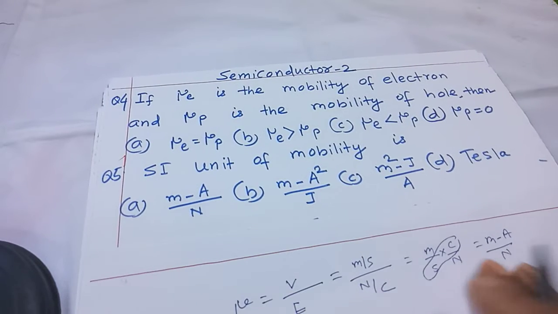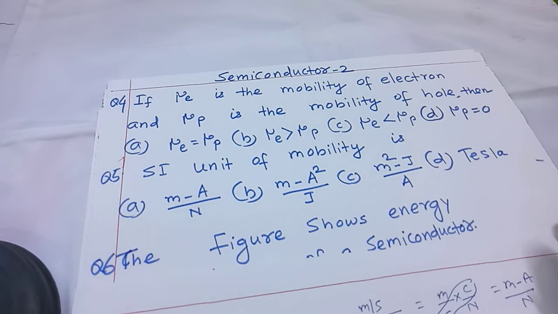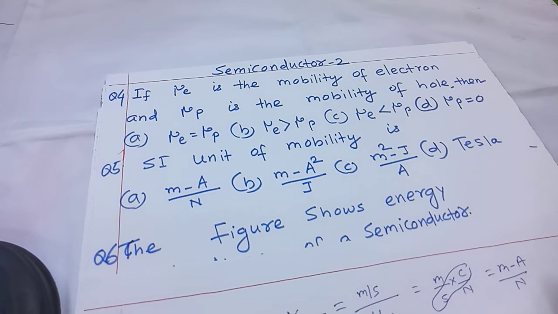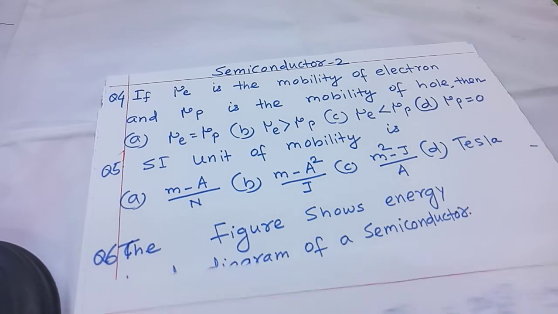So out of all these four choices, the correct answer is choice A, meter ampere per Newton.